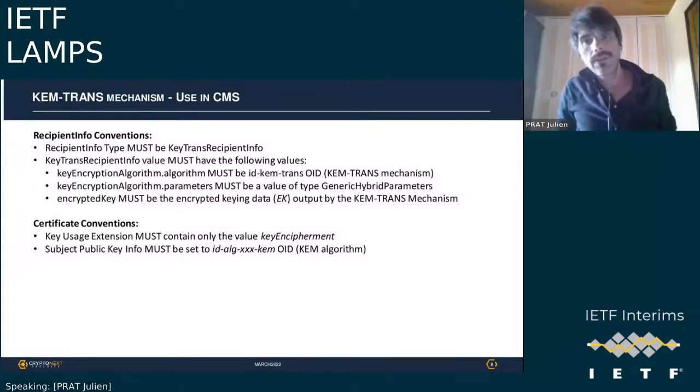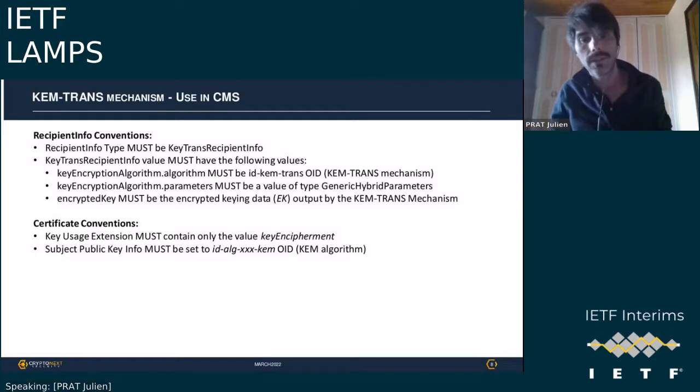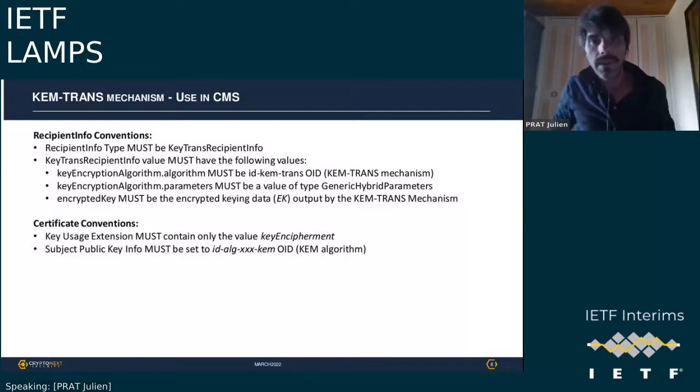And the following values have to be set. The algorithm must be the id-ChemTrans OID, so it's the introduction of a new OID for the ChemTrans mechanism. And then the different sub-algorithms will be defined thanks to a value of type generic hybrid parameters.